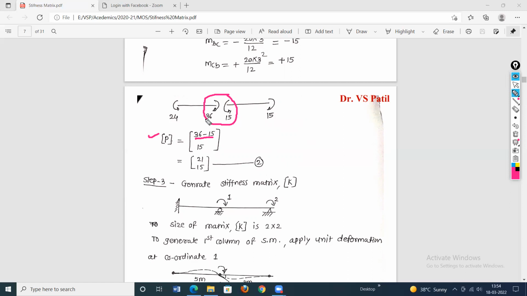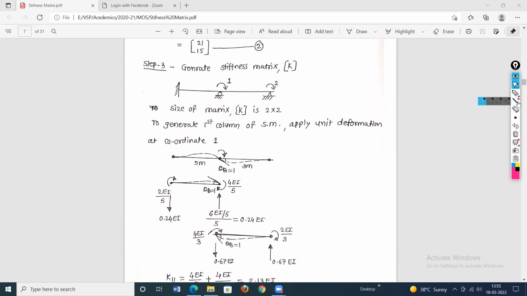First is a clockwise moment 36 and an anti-clockwise moment, minus 15. So the first element is 21. Then our second coordinate is here, so it is plus 15. This is the second element. So equation 2 is the load matrix in which there are two elements: at coordinate 1 it is 21, and at coordinate 2 it is 15.